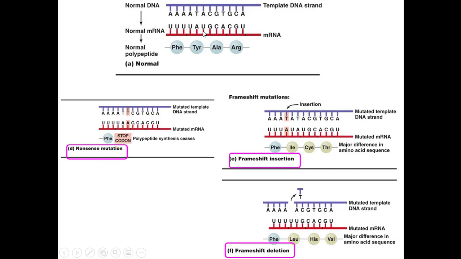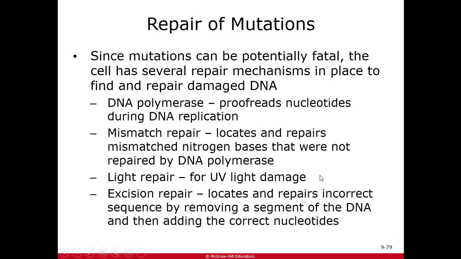Now, it does happen, especially with the spontaneous mutations, that cells can have mutations. And so, luckily, cells have figured out a way to repair some of those mutations. So we do have different enzymes that can try to proofread our DNA sequences. They can alert our cells that there's a mutation. Sometimes they'll just make the cell die. Like, all right, well, there's a mutation, we just need to stop the mutation where it is.